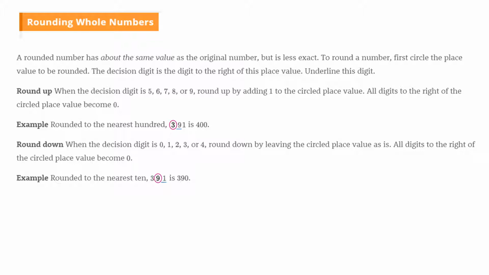So if I have a number like 391, and I want to round it to the nearest hundred, I go to the hundreds place, and then I look immediately below it. If this number is 5 or greater, then this will go up. So 391 rounds to 400.